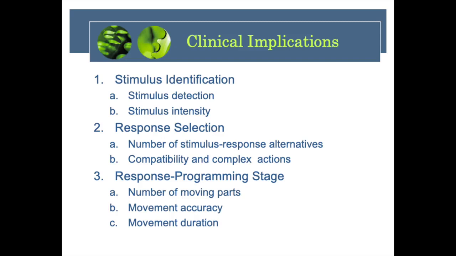Also, with practice, you're going to hone in on alternatives that have been successful in the past, and so that will also decrease. Also, compatibility and complexity of the actions. So the more rehearsal we give, the stronger the compatibility is between the stimulus and the response that we're going to select. So again, rehearsal is important in response selection.